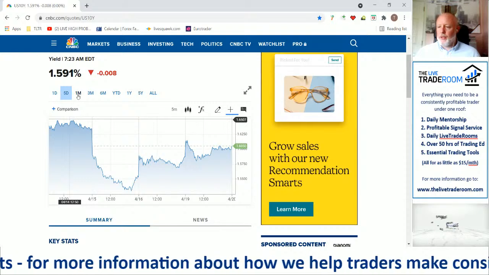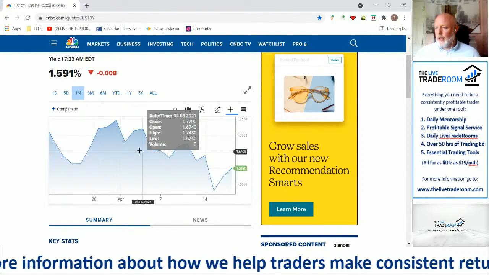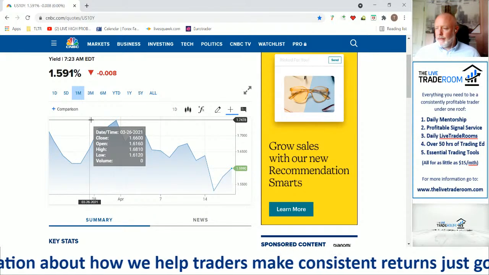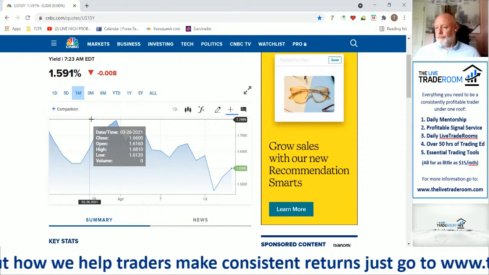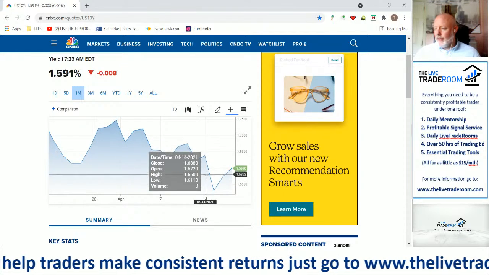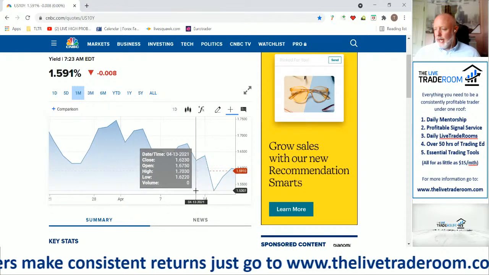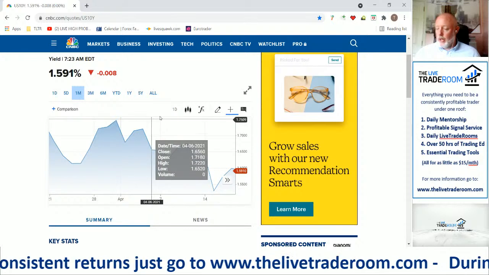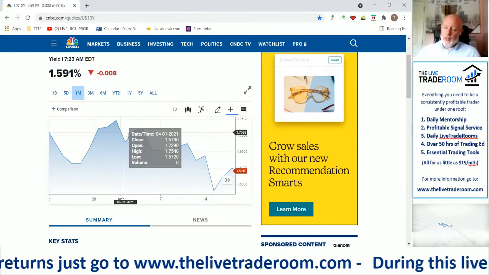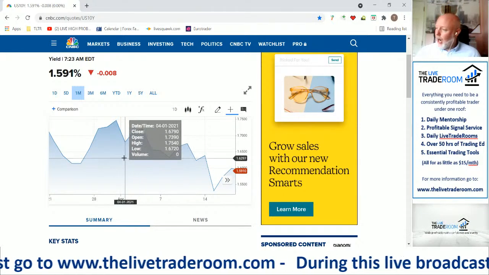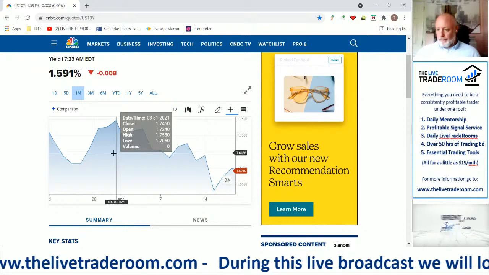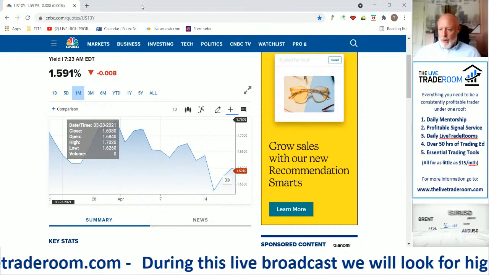We were up at 1.75 not so long ago, and we've been as low yesterday as 1.52. So we've got quite a calm market condition at the moment.